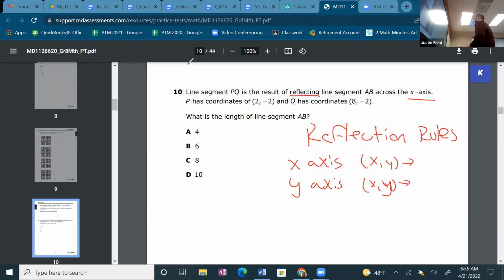The y. Very good. And so (x, y) would change to (x, negative y). Jeremy, you want to guess at which coordinate changes when we reflect across the y-axis? The x. Yes. (Negative x, y). Amazing.